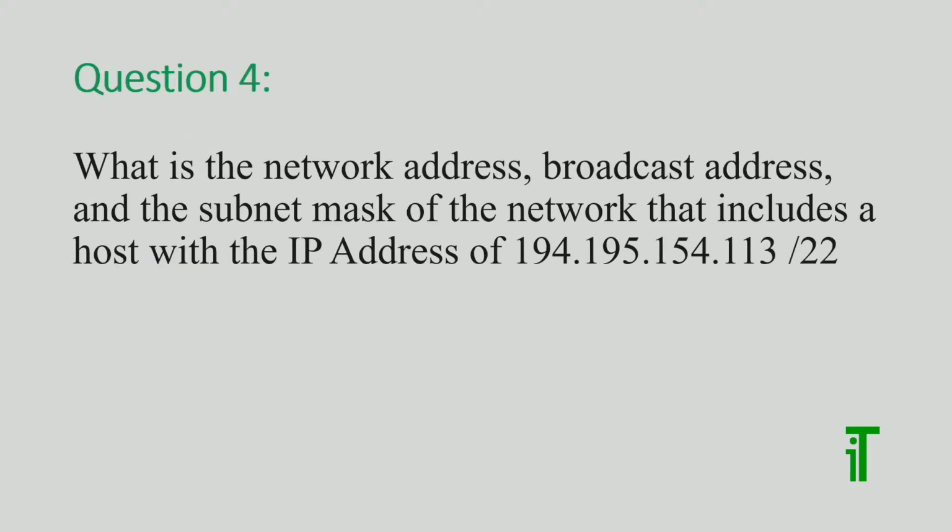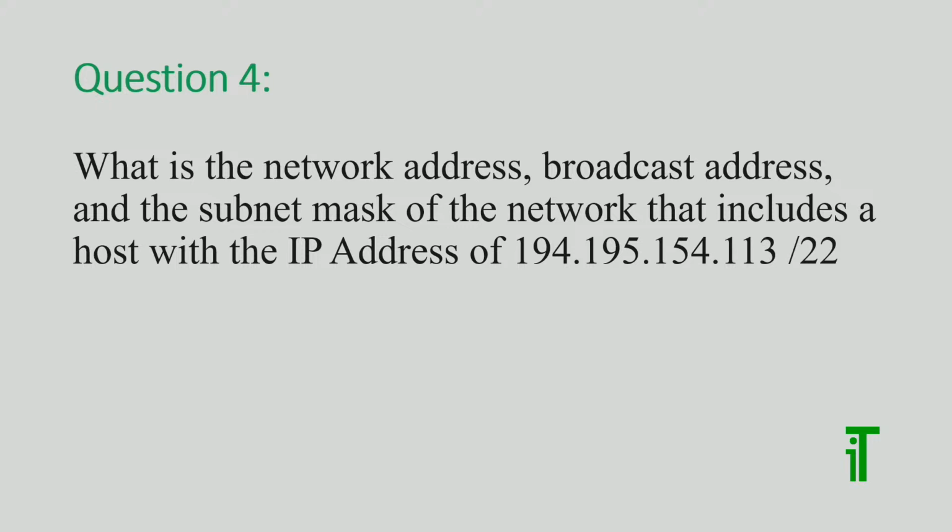Now let's go to our last question. What is the network address, broadcast address, and the subnet mask of the network that includes a host with the IP address of 194.195.154.113/22?